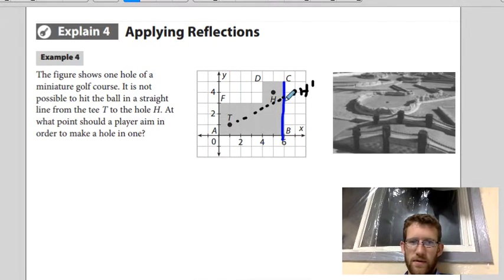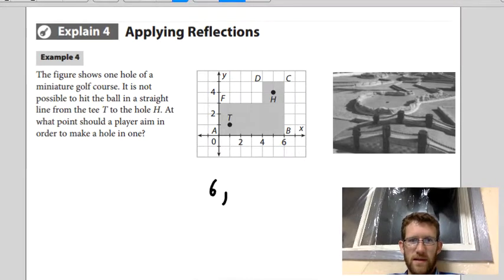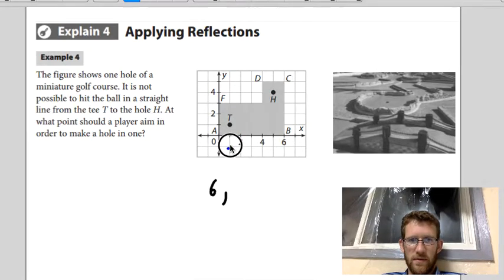So at what point does it cross there? Well, it crosses maybe 6. Oh, no, that's a lousy way. Let's bounce it off the bottom instead. That'll make it a little easier, so we don't have any halves. In this case, we'll reflect the T over. So this is T prime.